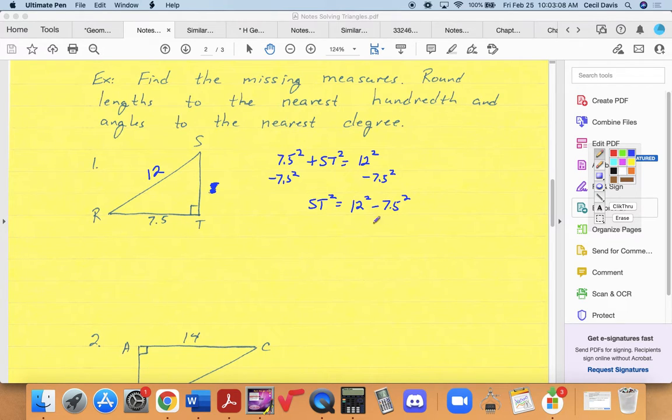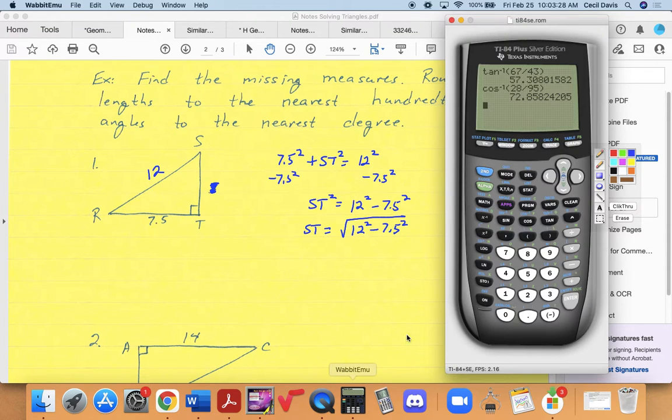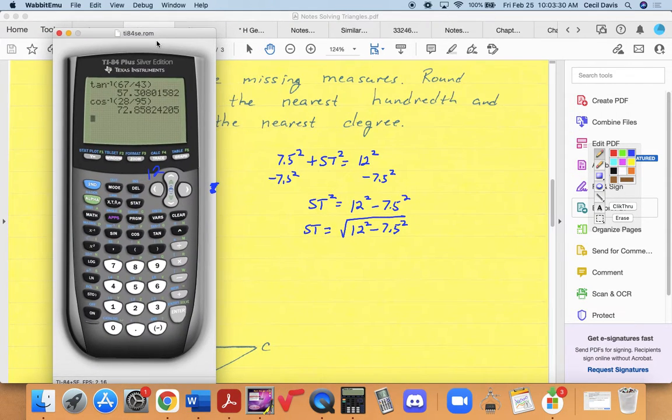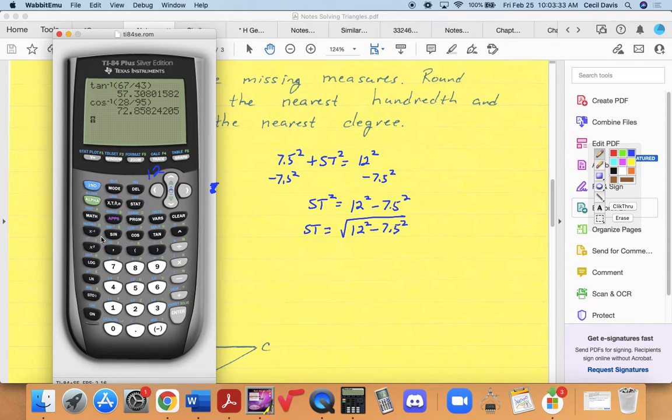How do I get ST by itself now? Take the square root. So ST will be the square root of 12 squared minus 7.5 squared. Once I get the algebra done, then I'll grab a calculator and go, okay, what is that approximately? So the square root of 12 squared minus 7.5 squared.